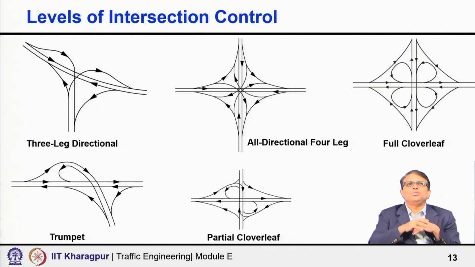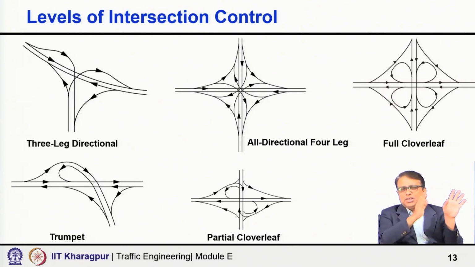Now, here I am showing a few grade separated facility layouts typically. You can see it could be a full clover leaf, where all movements are permitted with full segregation, no conflicts. But in some cases it could be simply two roads crossing each other, just a simple flyover, typically what we see, without any exchange. In some cases the grade separator may segregate the major traffic, allowing them to take an elevated road.